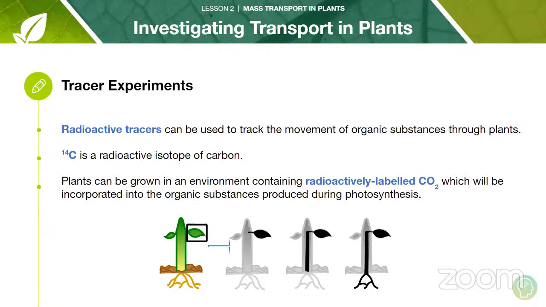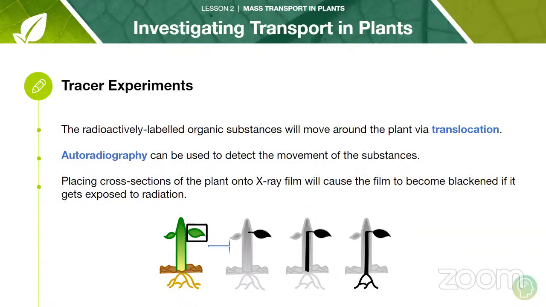Once it's packaged into the sugars, you can follow by imaging how those sugars pass through the plant and where they're stored. This is through a process called autoradiography, which is basically placing cross sections of your plant onto X-ray film and then watching the film become blackened if it gets exposed to radiation.